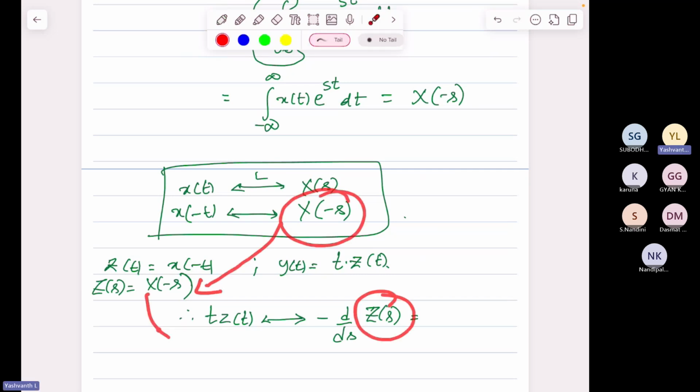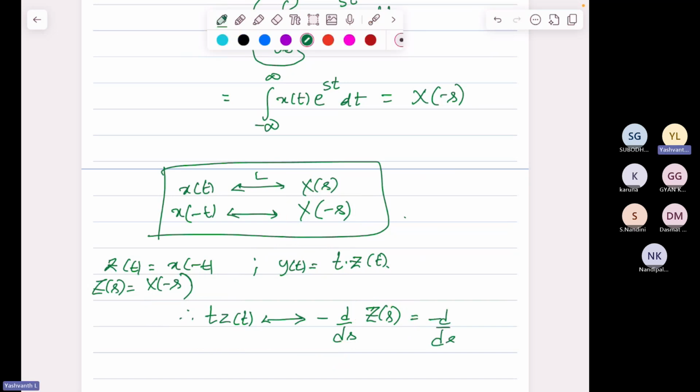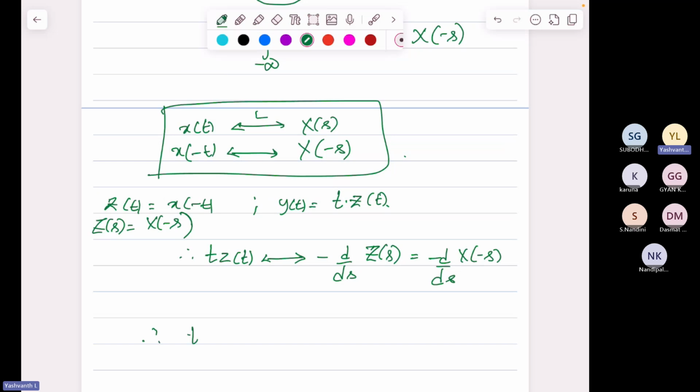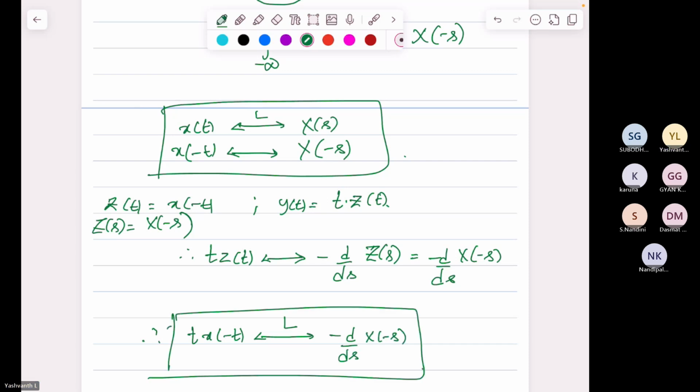So put that here. You get minus d by ds of x of minus s. That's all. Therefore, t into x of minus t will have the Laplace transform minus d by ds of x of minus s. So I just manipulated the existing properties of Laplace transform and found the answer.